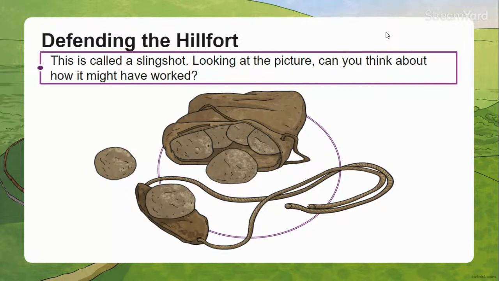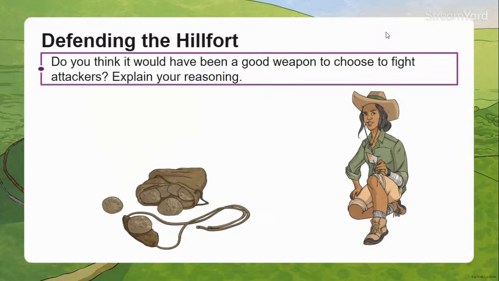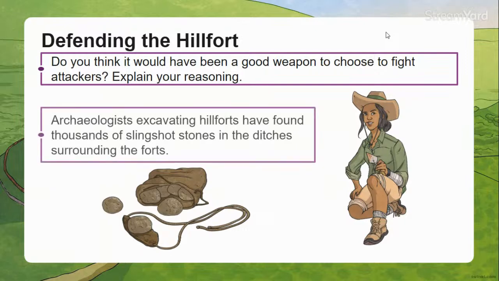And if you imagine running up a hill fort and you have big rocks or big heavy stones being slammed down on you, it would be an amazingly good weapon to use. And so we found thousands of slingshots in the ditches surrounding Iron Age Hillforts.